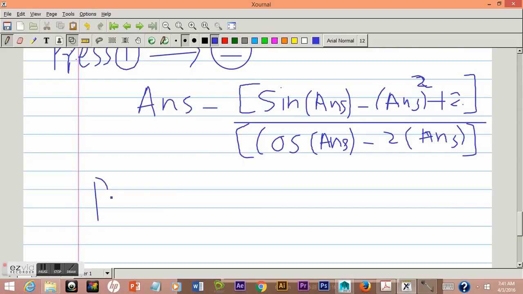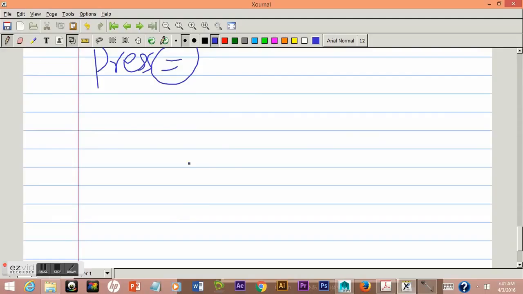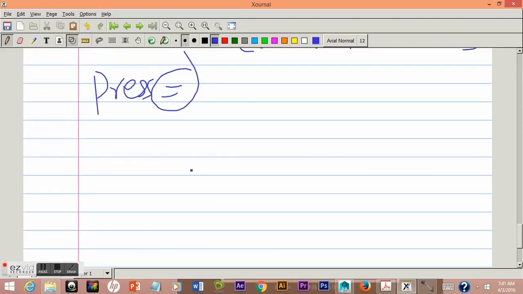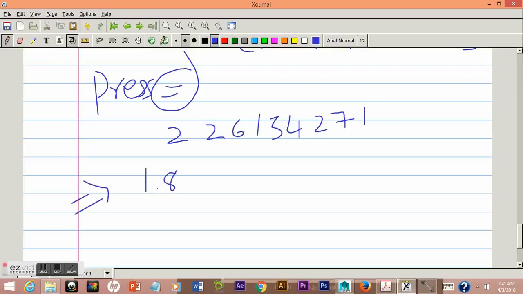Again equal, you get 1.807334422. Again, 1.73087246. Again, 1.728468707.